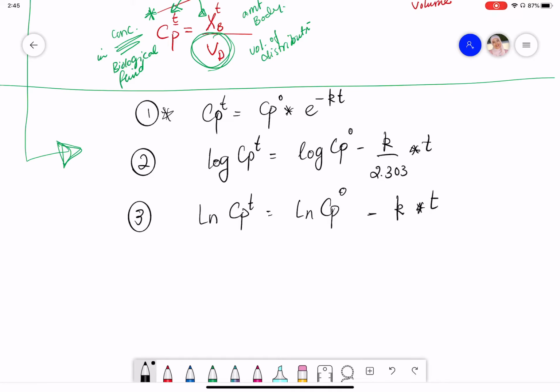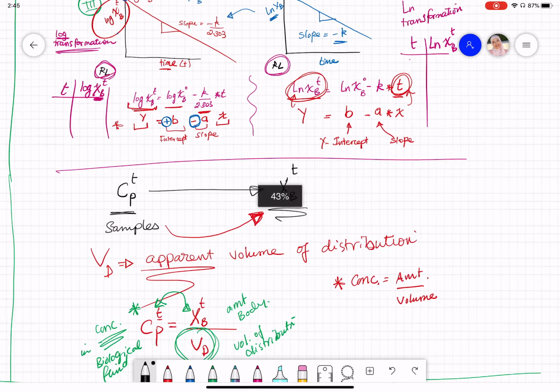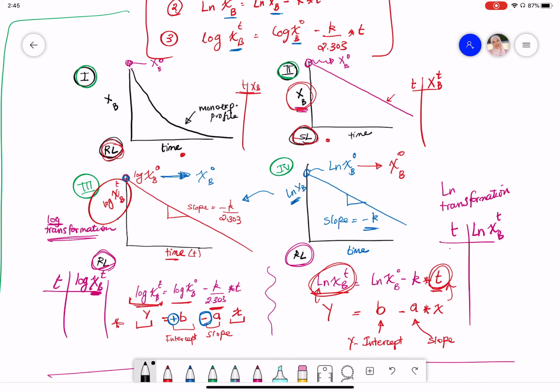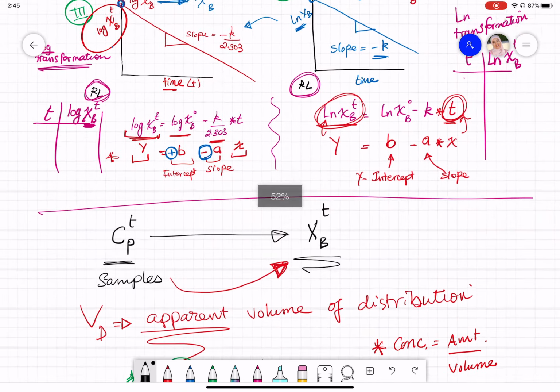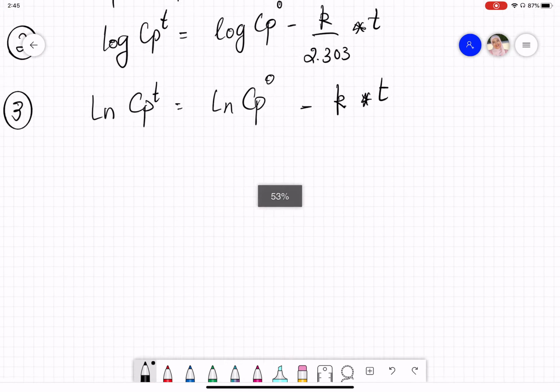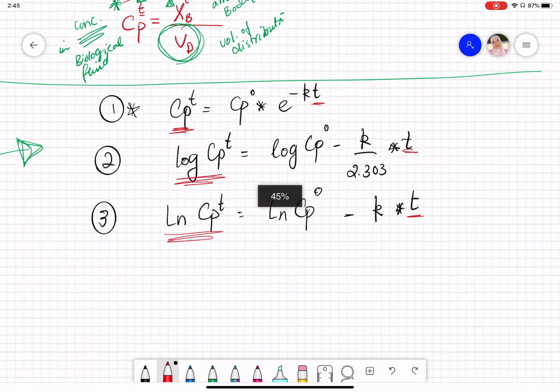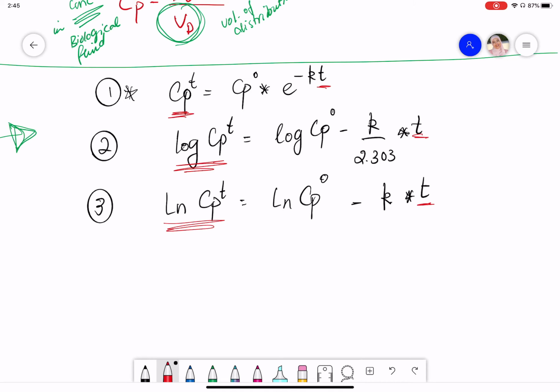And I will leave it for you to draw those four profiles, 1, 2, 3, and 4, in terms of the concentration: concentration versus time, log concentration versus time, ln concentration versus time, and just practice the y-intercept and the slope for each one of them.